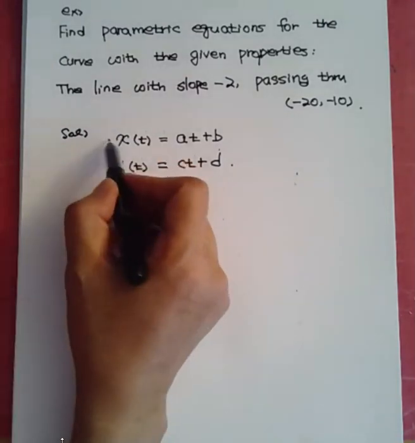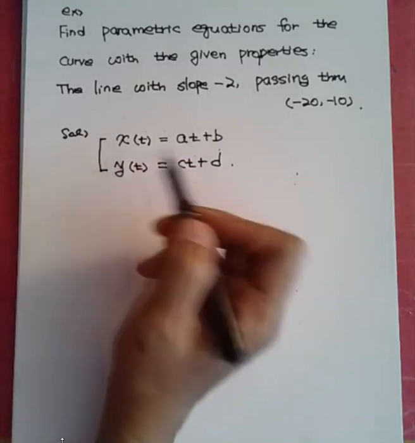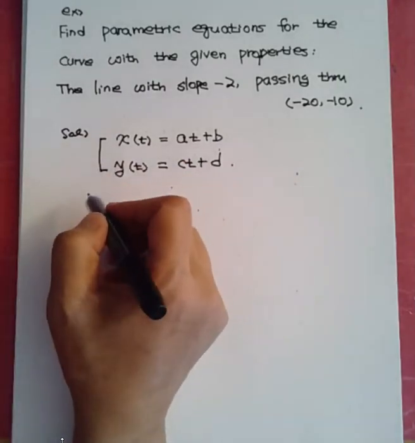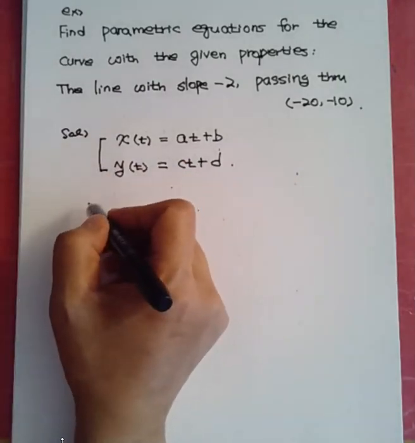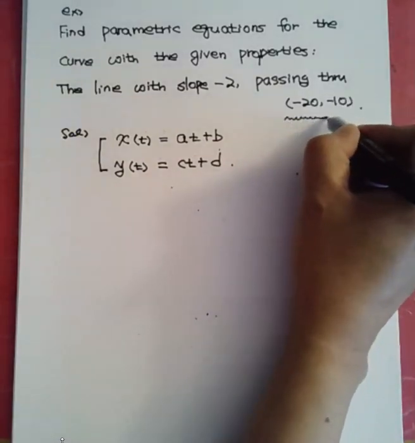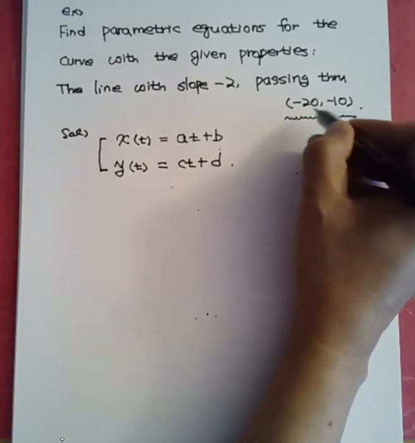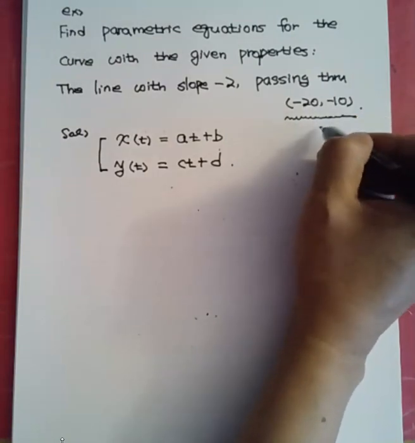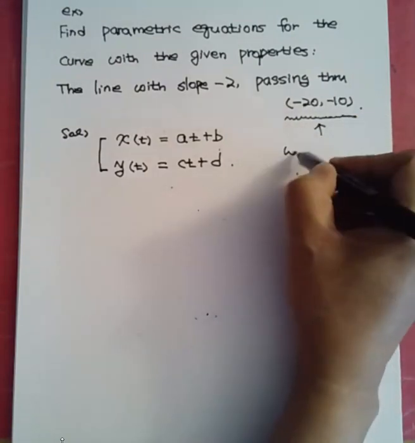For our convenience, to make things simpler, we will assume that the parametric equation passes through -20 and -10 when t equals 0.